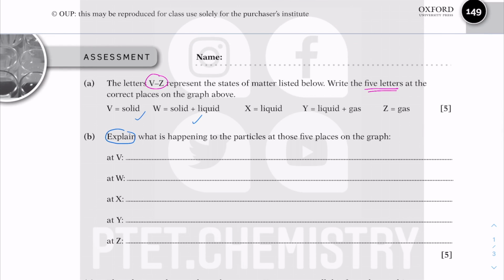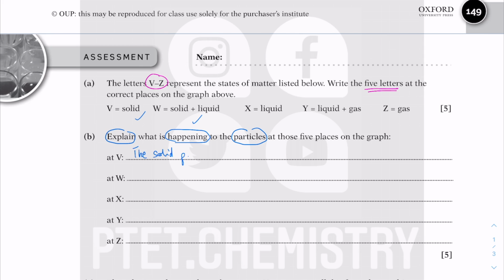Explain what is happening to the particles. So they're not asking you to state the process. No, they're asking to explain what is happening to the particles at these 5 places. At V, it is entirely a solid, so all the heat energy, the solid particles just vibrate much faster.